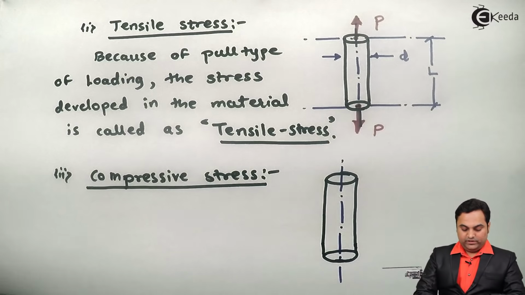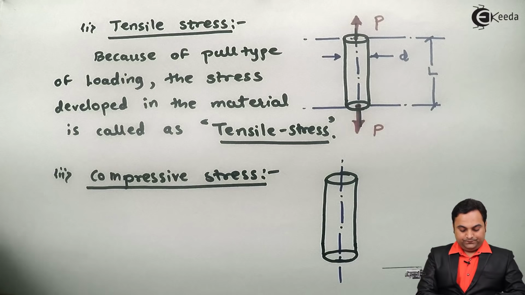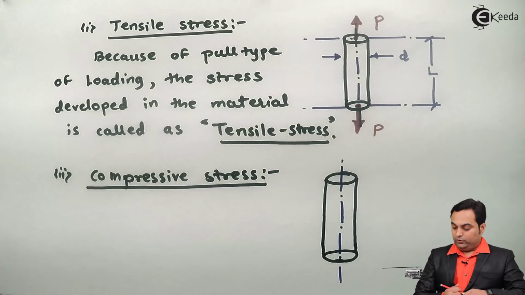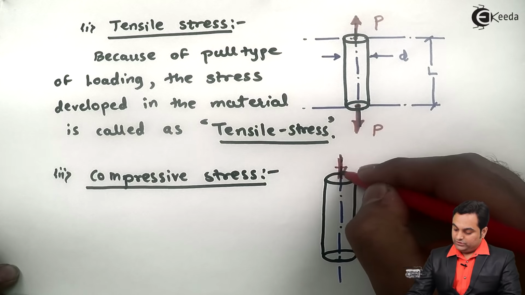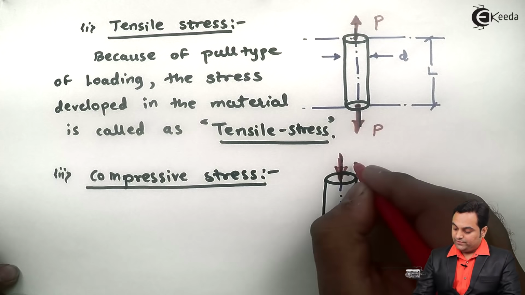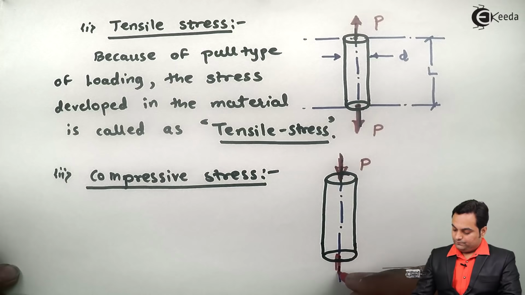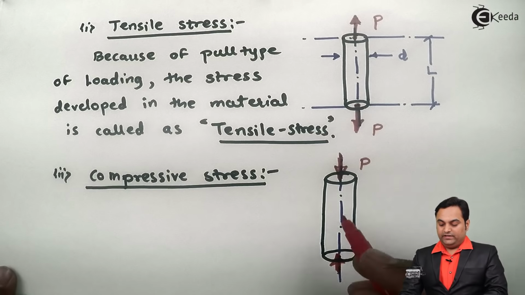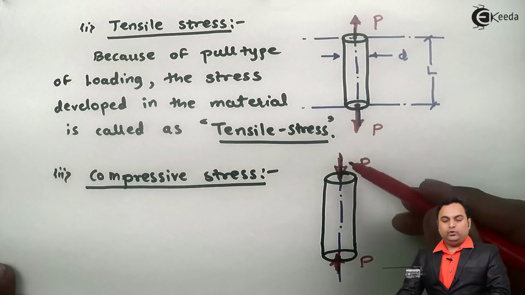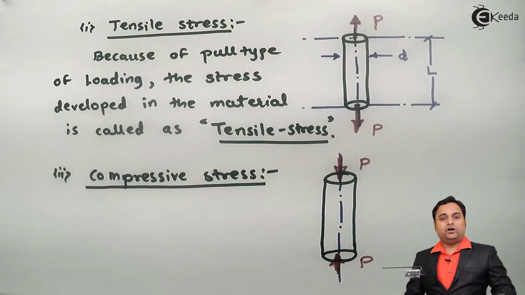But now the direction of load will be reversed. Here the arrow would be pointing towards the rod as I have shown here. So, as we can see from this example, when there is a push type of load, compressive stress is developed inside the material.